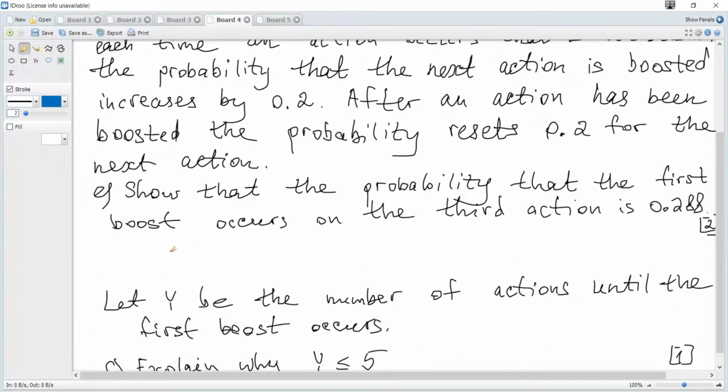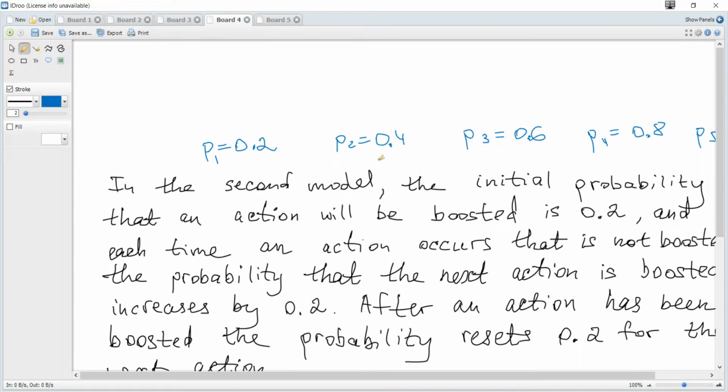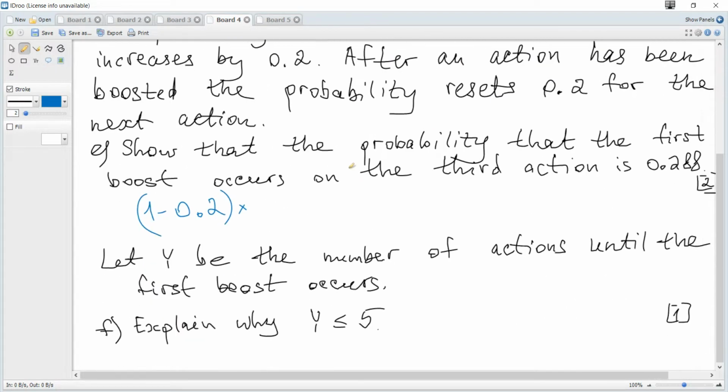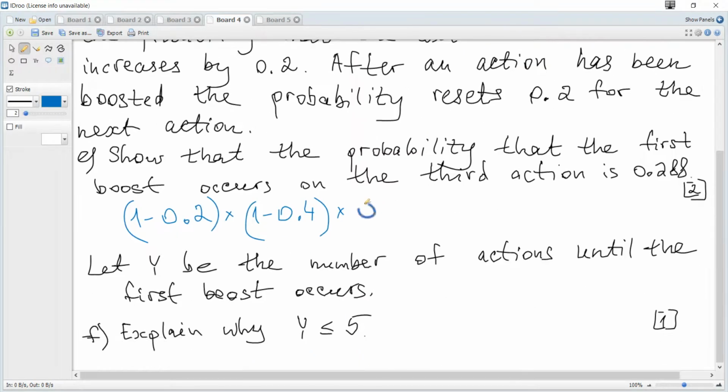So probability of not event is 1 minus 0.2 multiplied by, because it's and it's at the same time, on the second trial also no boost, but probability to be boosted on the second trial it's 0.4, so not event it's 1 minus 0.4, and multiplied by to be boosted on the third it's 0.6, and it is equal to 0.288 as required.